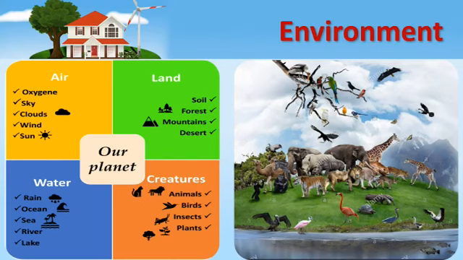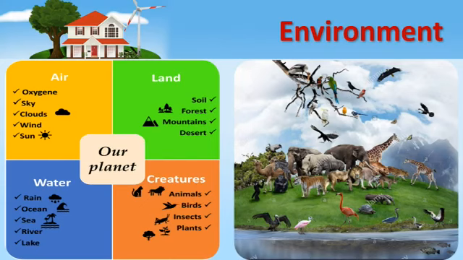For example, the air constitutes items like oxygen, the sky, clouds, the wind, the sun, etc. And the second constituent, which is the land, has items like the soil, forests, mountains, desert, while water contains items like rain, oceans, seas, rivers, and lakes.